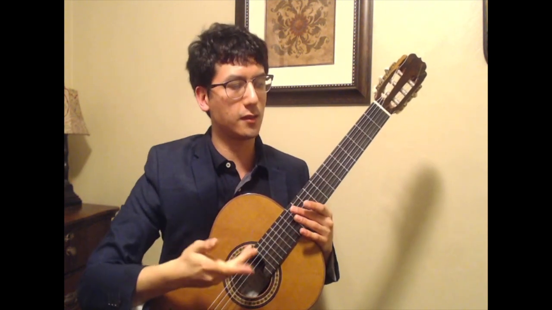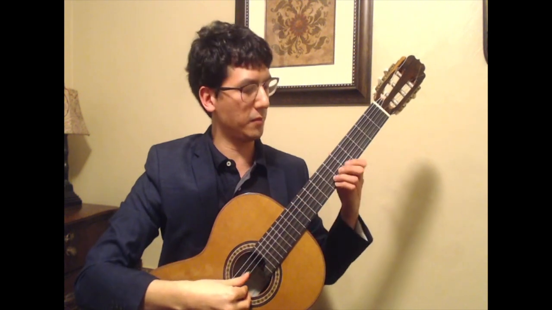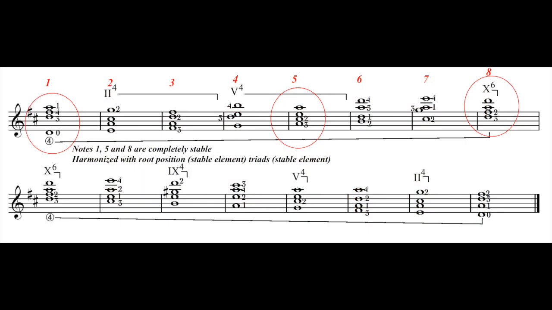So in this case, if we're in the key of D major, we look at the rule of the octave in D major. We have harmonized on the 1st degree of the scale a major chord in root position. On the 5th degree of the scale, on A, we have a major chord in root position. And on the 8th, we have a major chord in root position.